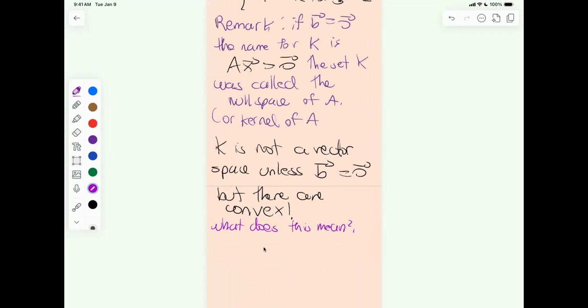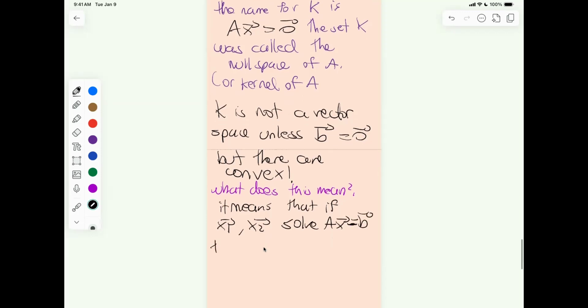It means that if x1 and x2 solve Ax equals b, then lambda x1 plus (1 minus lambda) x2 also solves it.